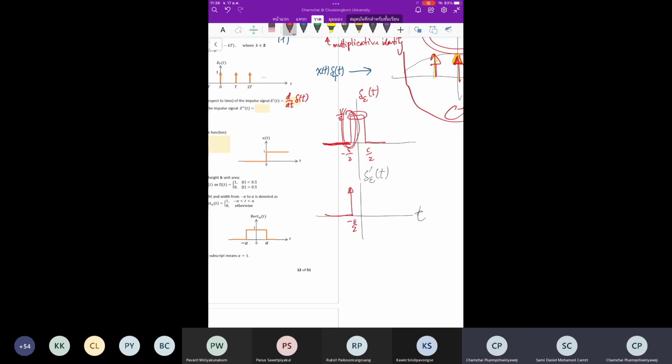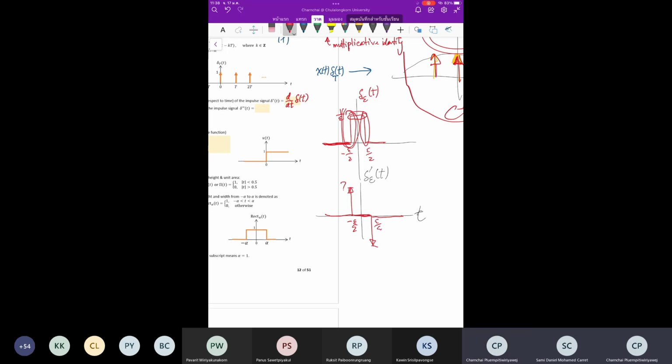And over here, what's the slope at this area? Zero. And what's the slope at this area, at epsilon over 2? Negative infinity. The question is, what's the height?